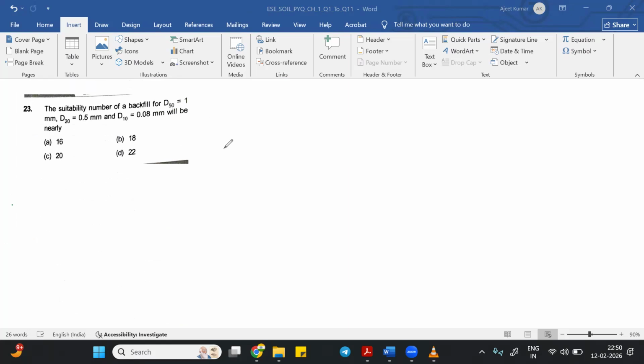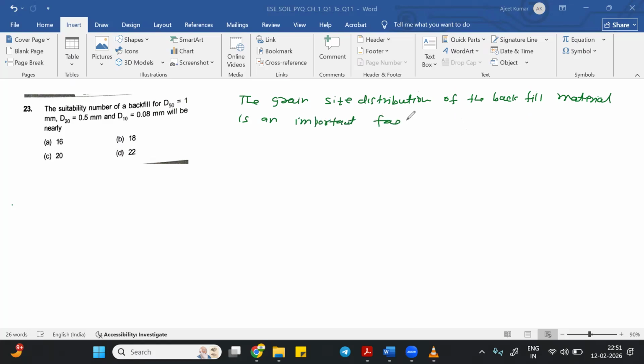The grain size distribution of the backfill material is an important factor that controls the rate of densification.